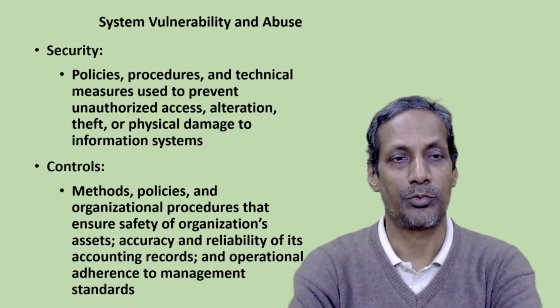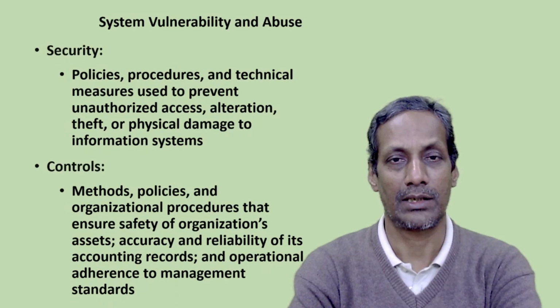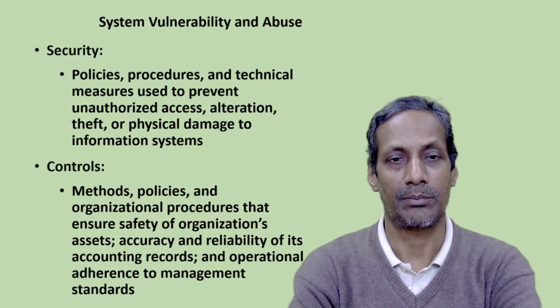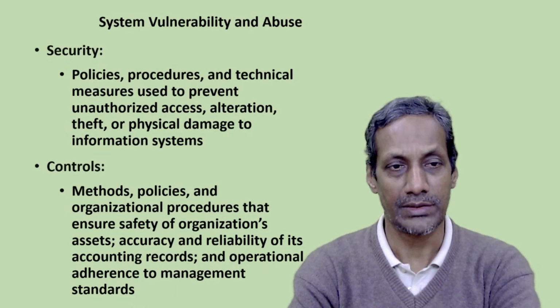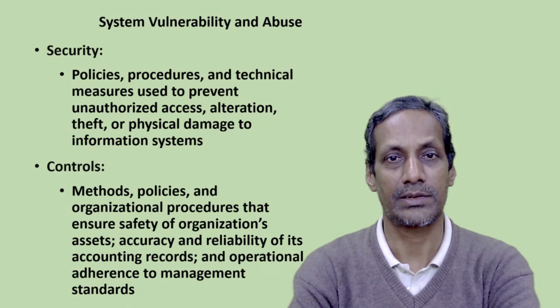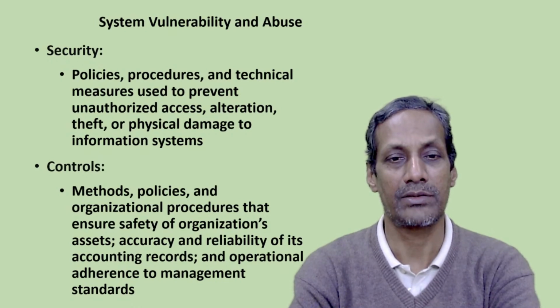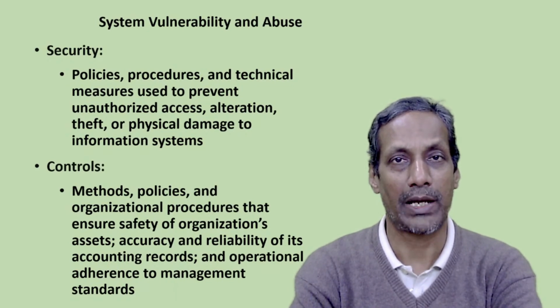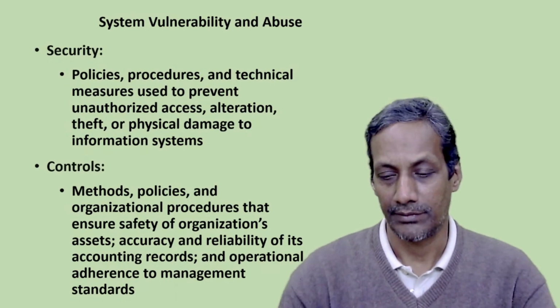They also need to put in controls in the right manner. Controls are nothing but methods, policies, and organizational procedures that ensure safety of the organization's assets, accuracy and reliability of its accounting records, and operational adherence to management standards, which can happen if the control mechanism is working properly.